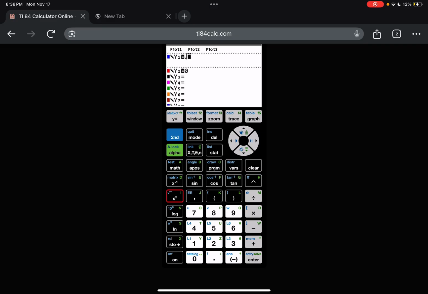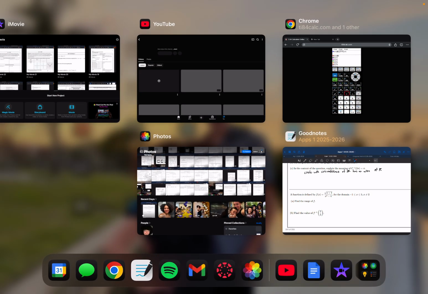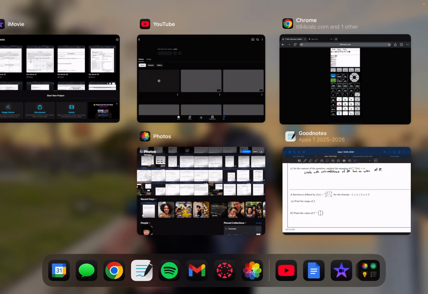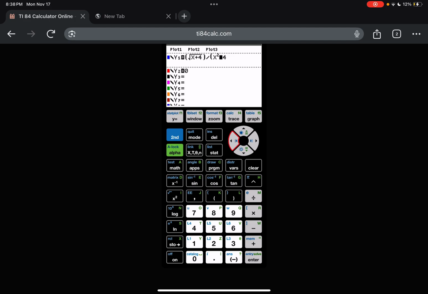Let's do parentheses around that: square root of x plus 1, divided by x squared minus 4, sorry.